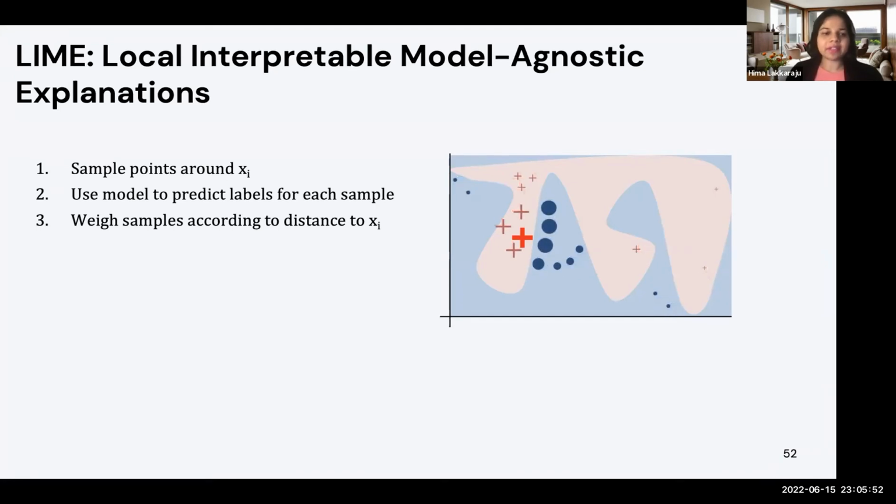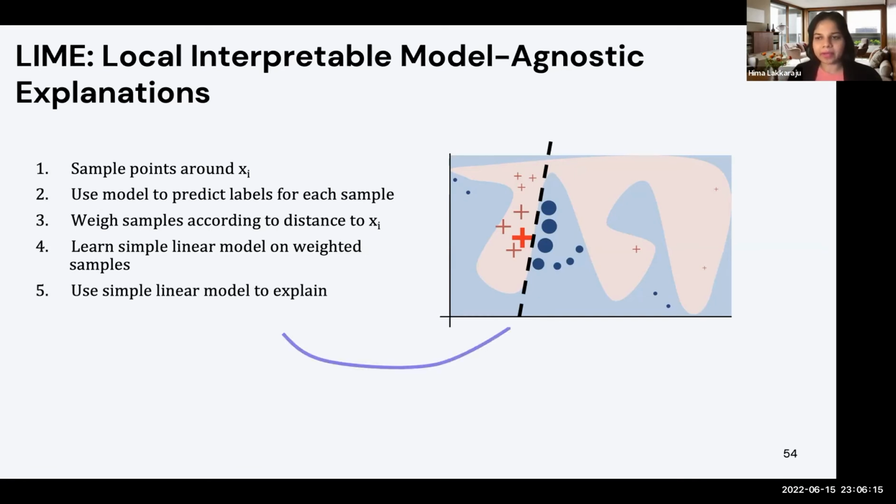Then we learn a simple linear model on these weighted samples. For example, a weighted linear regression or a weighted logistic regression, and the resulting model is basically a local explanation of the underlying complex model, right? So that is as simple as it gets.